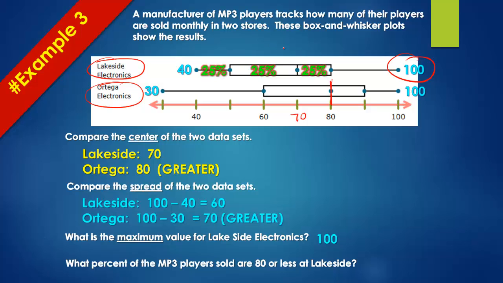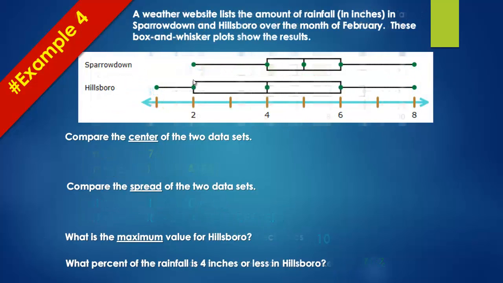This part would be the last 25%. But we want to know at 80, what percent? So this first is 25%, this is 25%, and then the whisker is 25%. So the whole box is 50%. And then plus the 25 would be 75%.